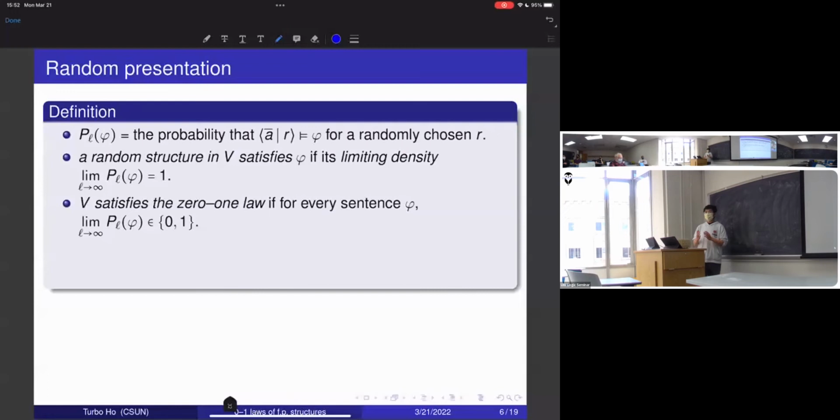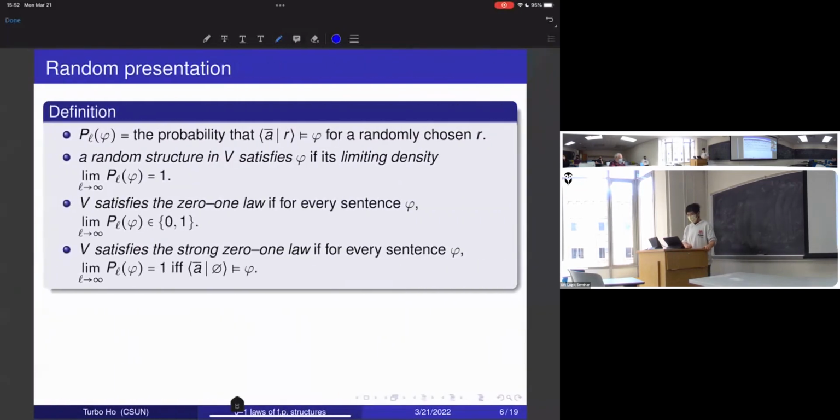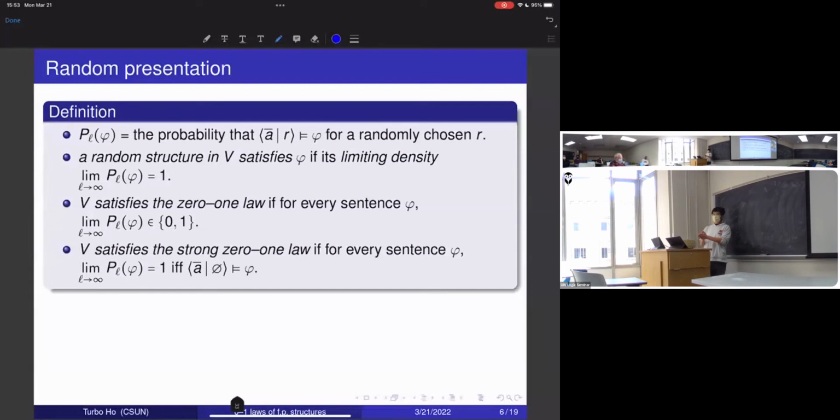And then you say a variety satisfies the zero-one law if for every sentence this probability is either 0 or 1. And because in the previous example we see that not only is it always 0 or 1, the truth actually lines up with the truth in the free structure, you can go one step further and ask, is that always true? Turns out these are two different notions, so for the purpose of this talk, we're going to call this a strong zero-one law. Okay, so it's a little bit stronger.